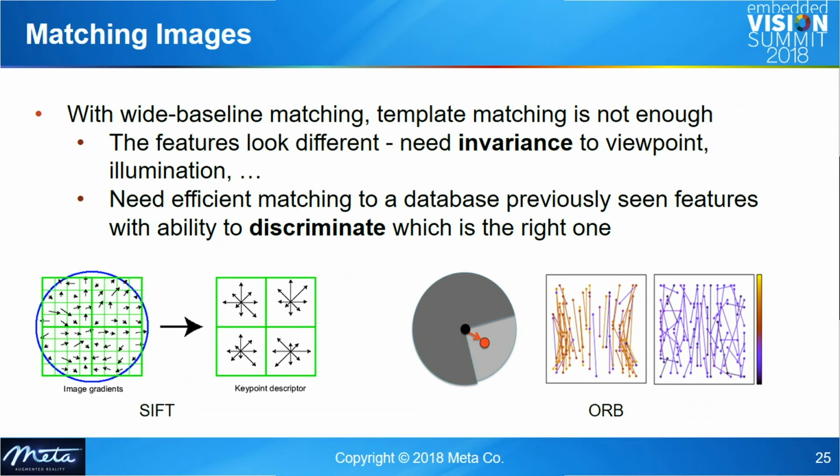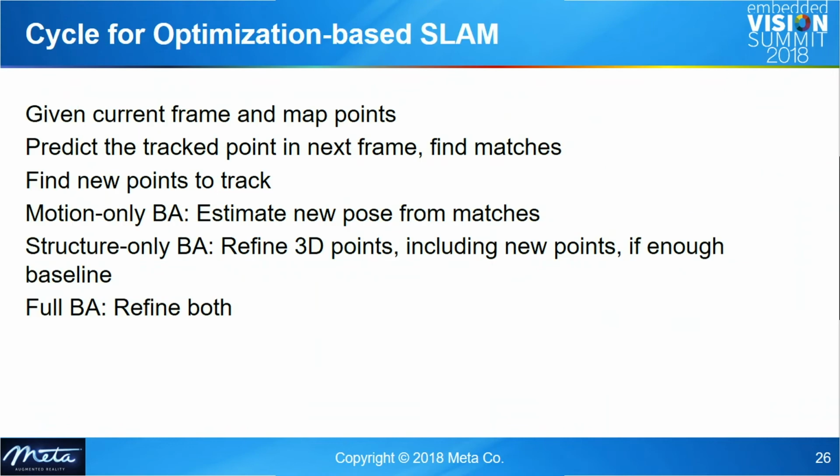It's a little bit heavyweight or compute-intensive for real-time SLAM applications. So matching algorithms such as ORB, which is a little bit newer, are pretty widely used as well. But again, very traditional computer vision.